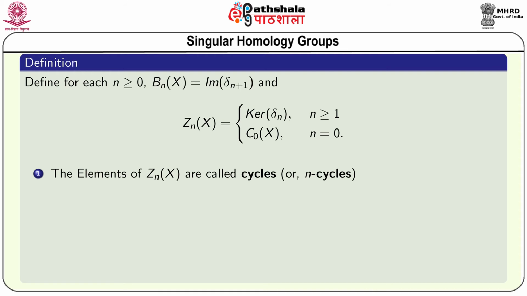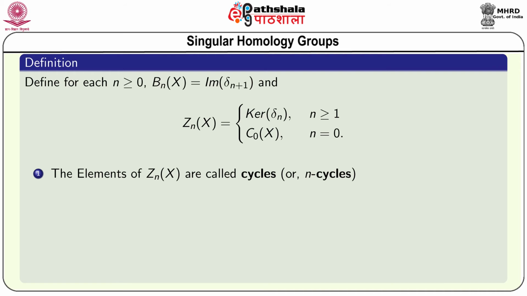On the other hand, if we take Z_n(X) for n greater than or equal to 1, we define it as the subgroup kernel of delta_n. Once again, since delta_n is a homomorphism, kernel delta_n is a subgroup of C_n(X).